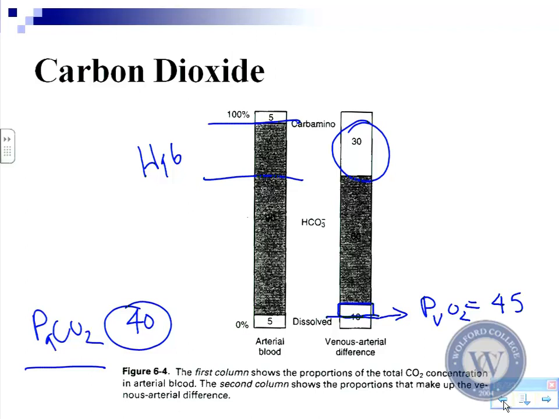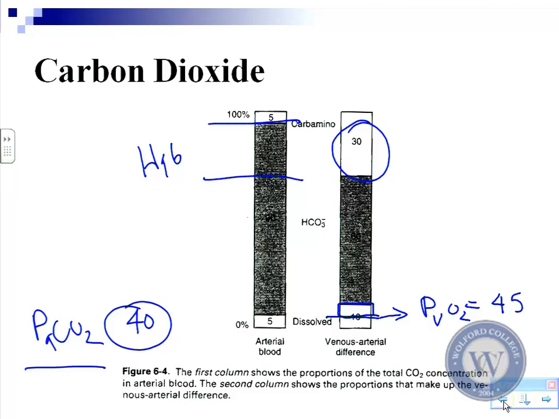So all the other stuff that's bound to hemoglobin is insignificant when you draw a blood gas. When you draw a mixed venous blood gas, the normal PvCO2 is going to be around 45. That's interesting, right? It's only a 5 millimeter gradient.